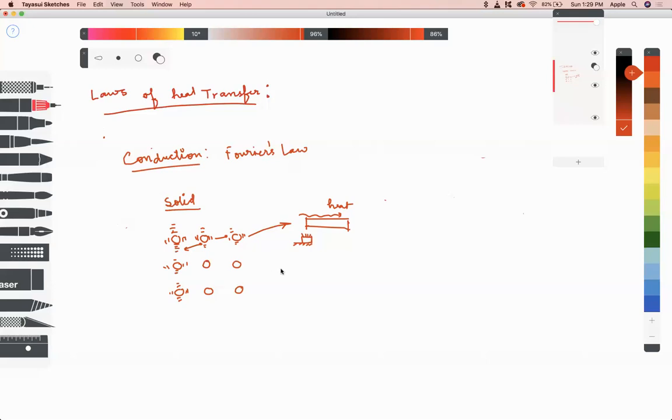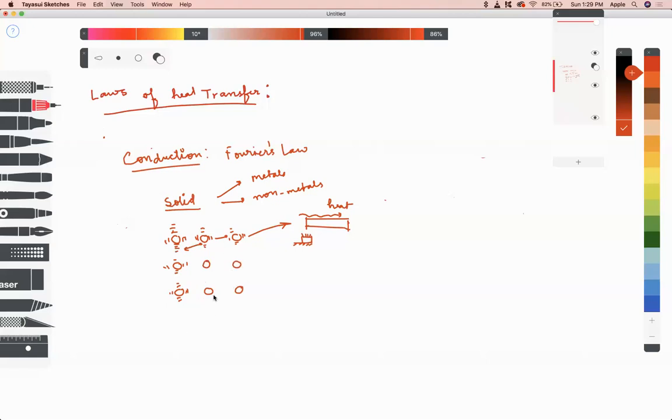But you have to understand that when it comes to solids, we have two very distinct classifications. One is your metals, and another is your non-metals. We are not going to talk about semiconductors here. We are just keeping a broader classification, metals and non-metals. In case of metals, you will see that heat will transfer very fast.